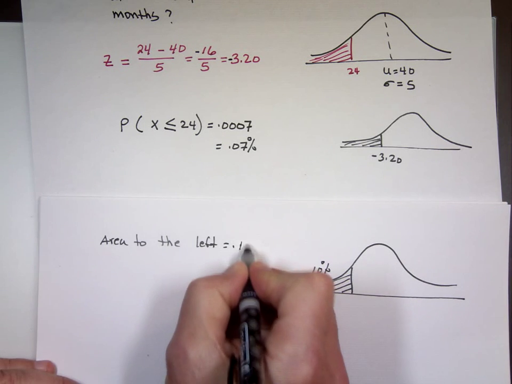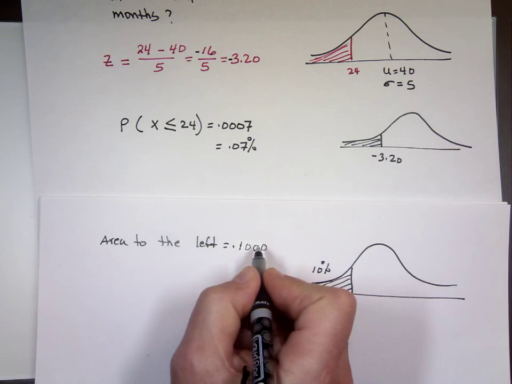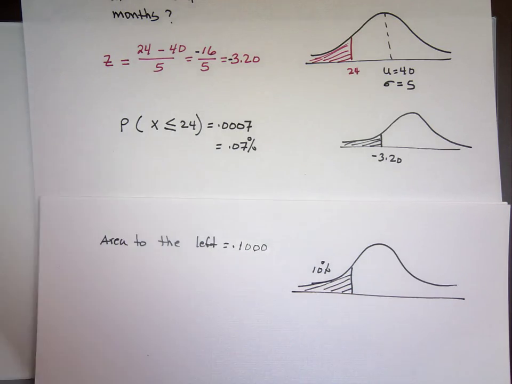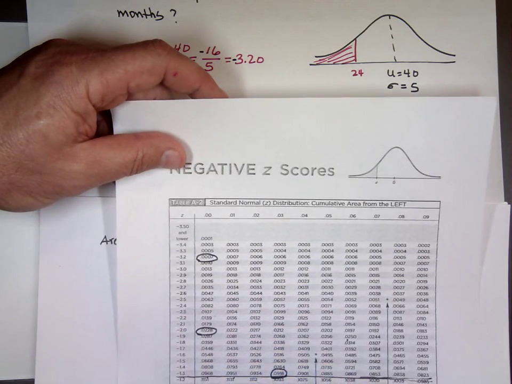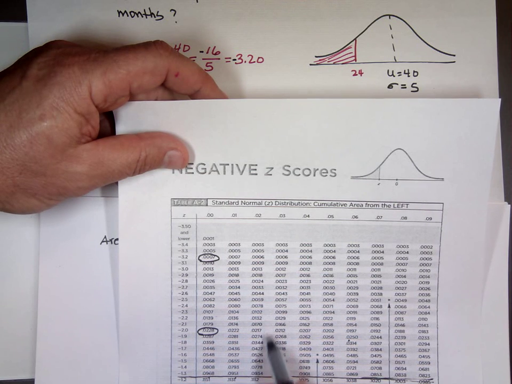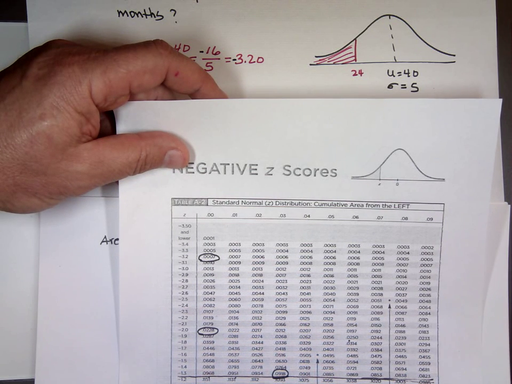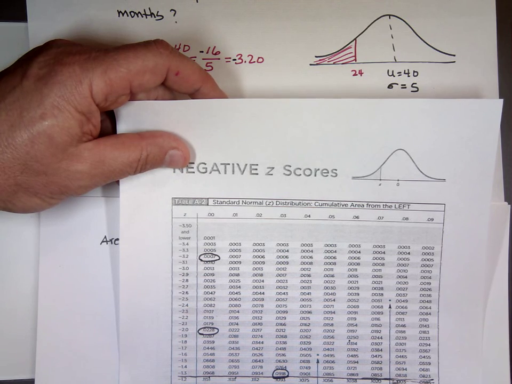So look inside the table. 0.100, where's the 0.1? Negative 0.1, 1.28 you said?